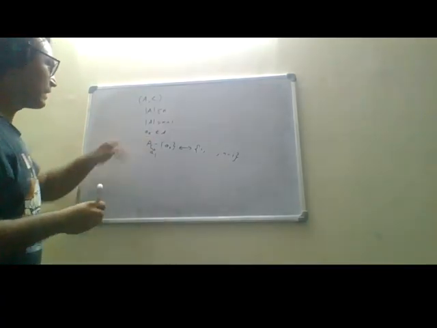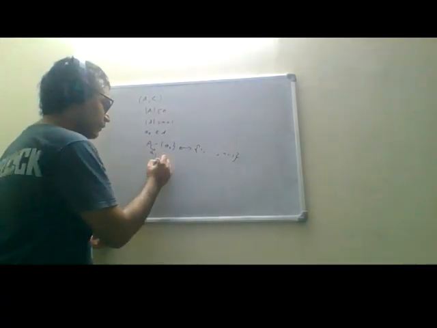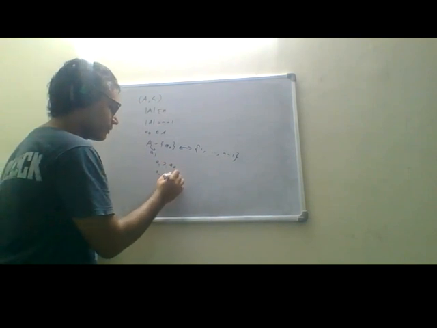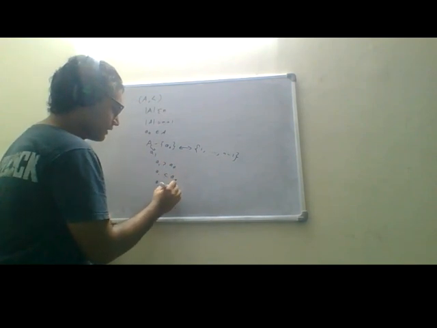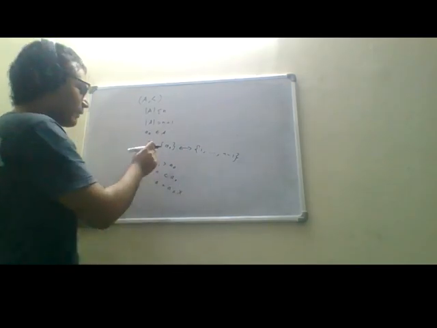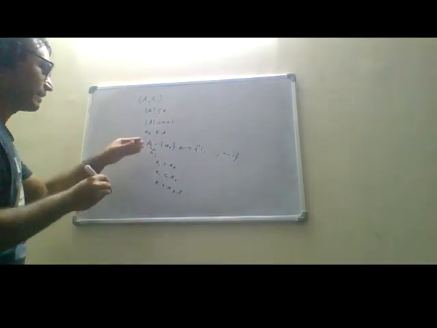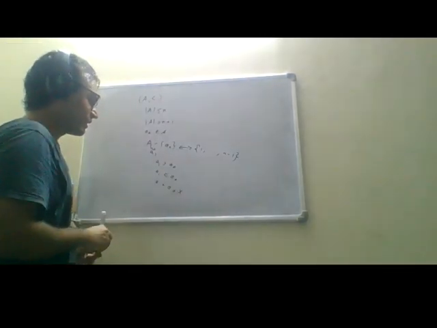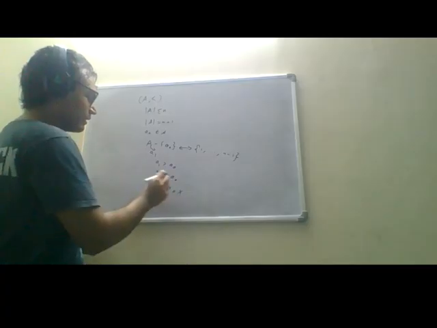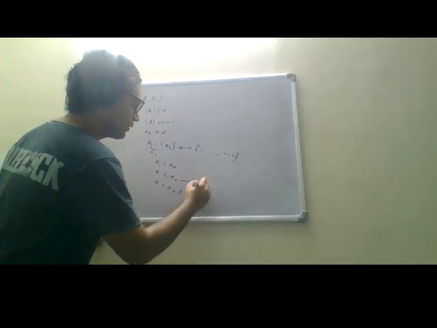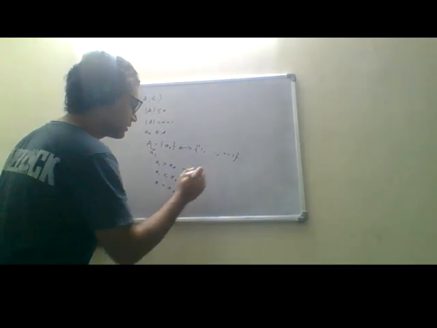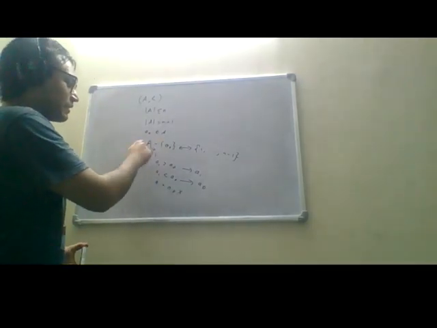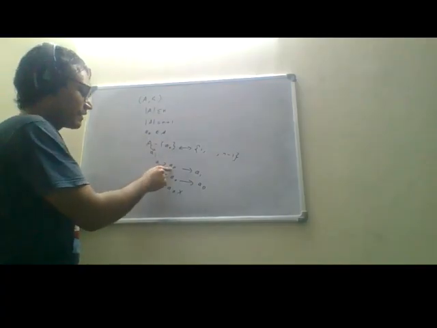Now, since A is a simply ordered set, either a1 is greater than a0 or a1 is less than a0. a1 equal to a0 causes a contradiction because a1 is supposed to not be in this set. So it can only be these two. In one case, a1 is the largest member, since it's greater than all members here and greater than a naught.